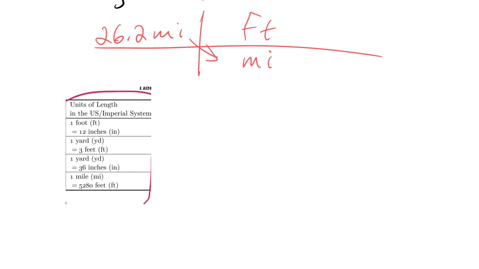Right here, 1 mile is 5,280 feet. So 5,280 feet is 1 mile. The miles cancel out, leaving the unit that I want, feet, the unknown term's unit. So I know I'm done after I calculate this.